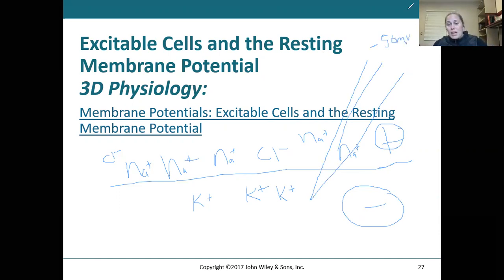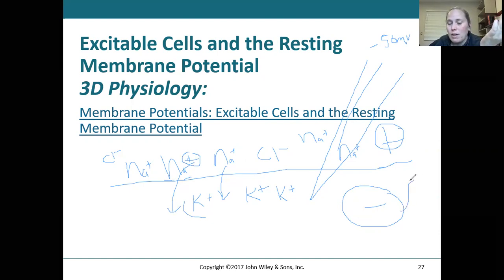Now, this is important because the inside of the cell is negative. And if a little doorway opens here, what's going to happen is you're going to have positively charged ions that want to come into the cell. These sodium ions really want to come into the cell, and they're going to make the cell more positive.